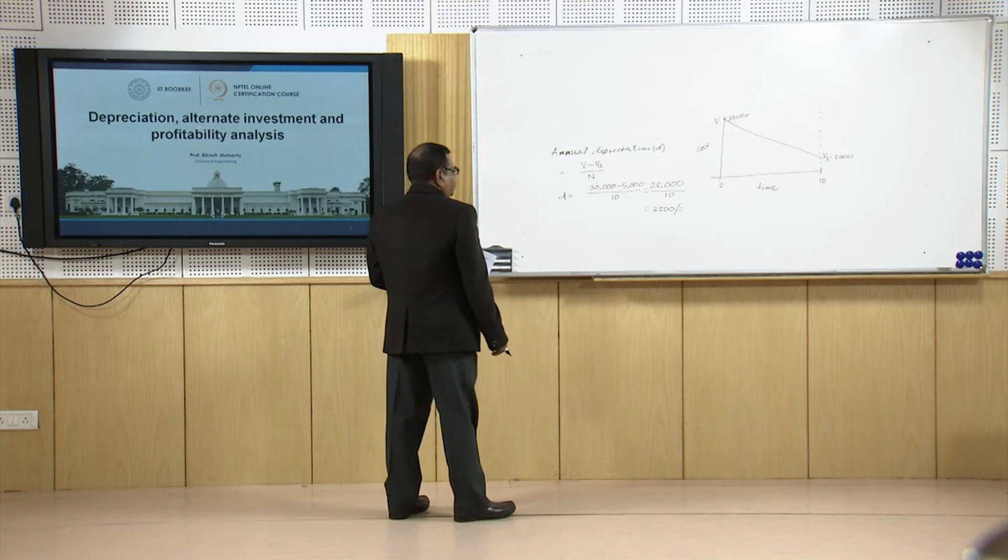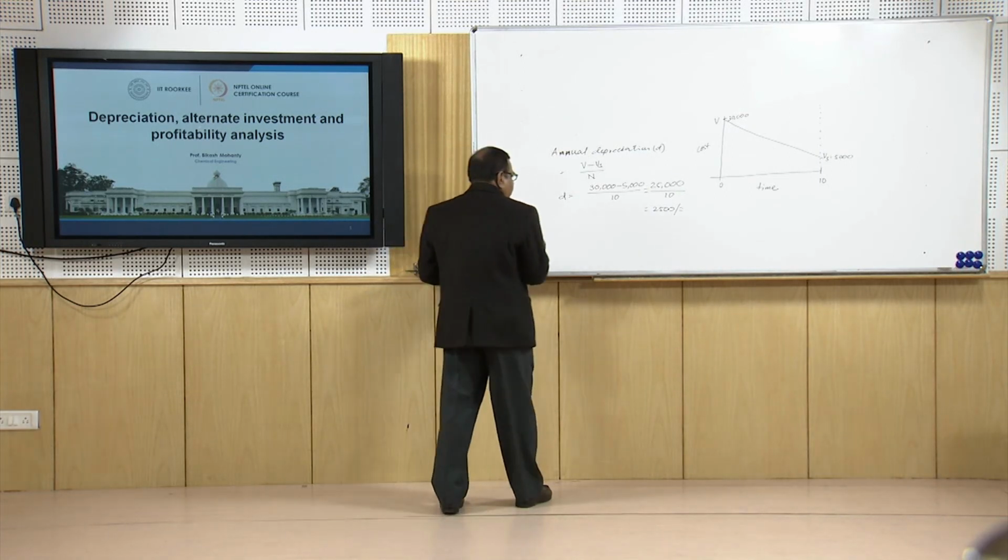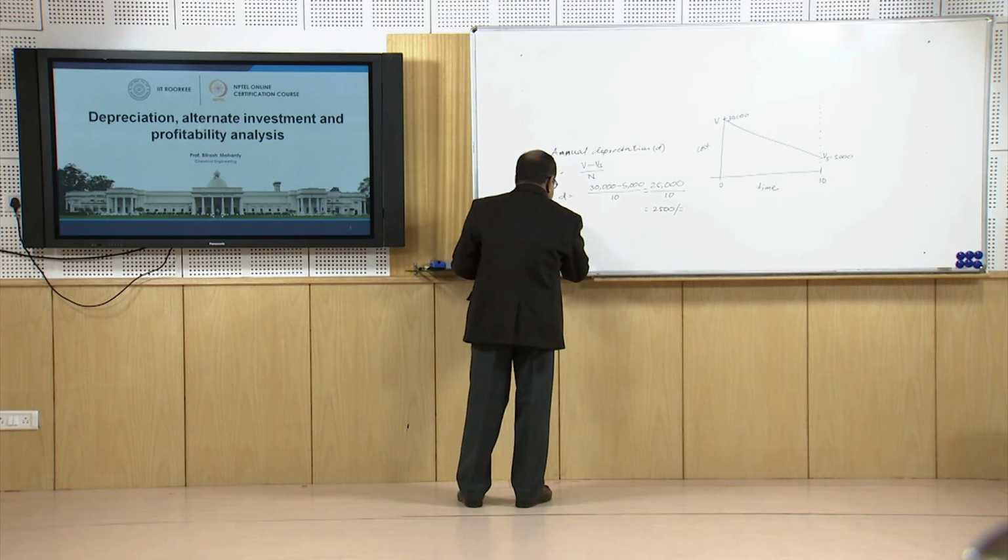So, my depreciation is 2,500. Now, I have to calculate the book value.